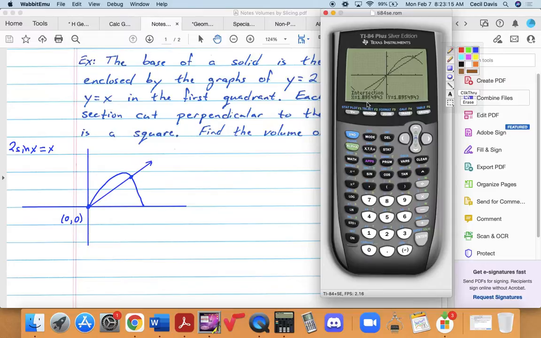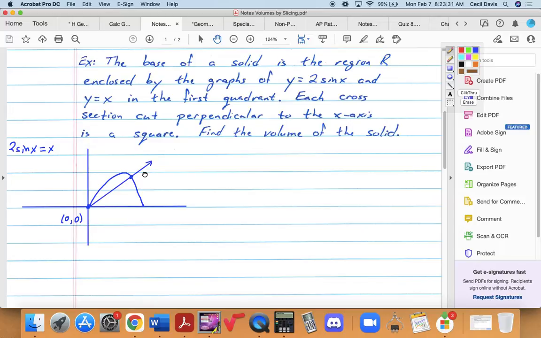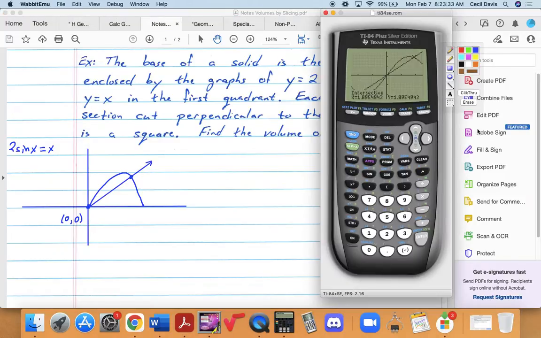If I said it was 2, I'm only off by a tenth, a little over that. So this point has coordinates 1.895, yada, yada, yada. And again, don't round that.